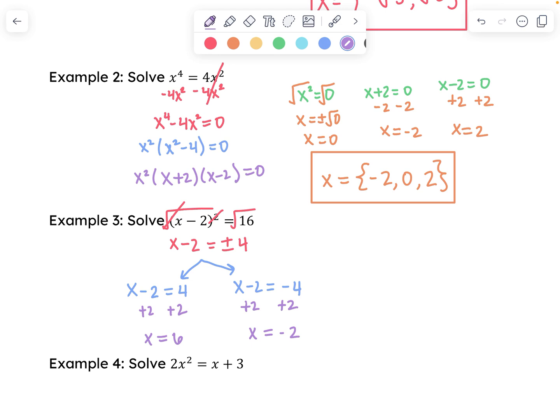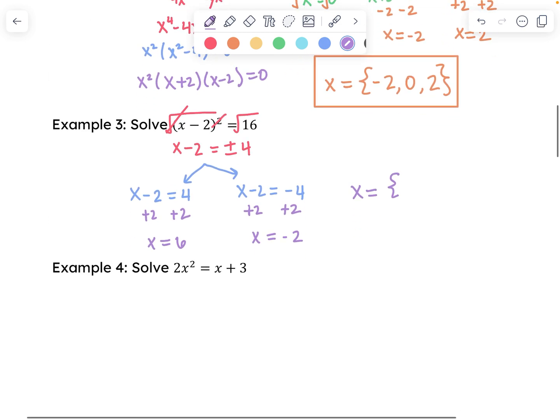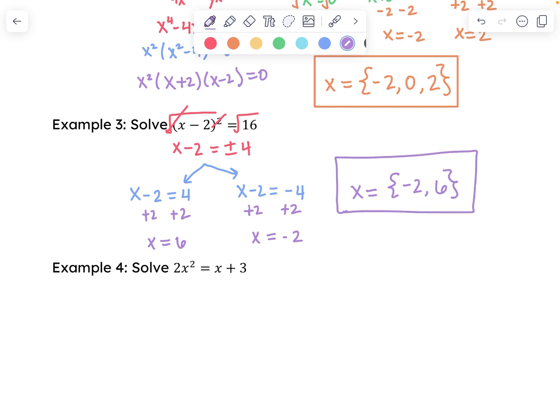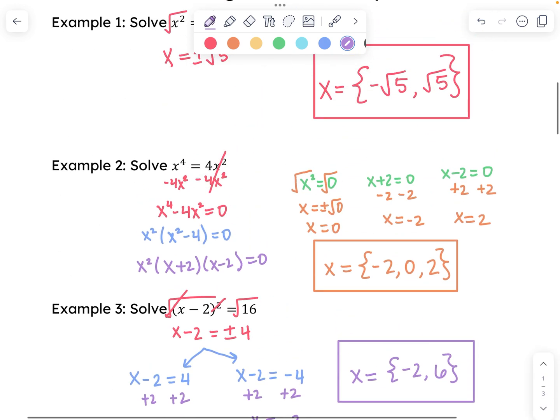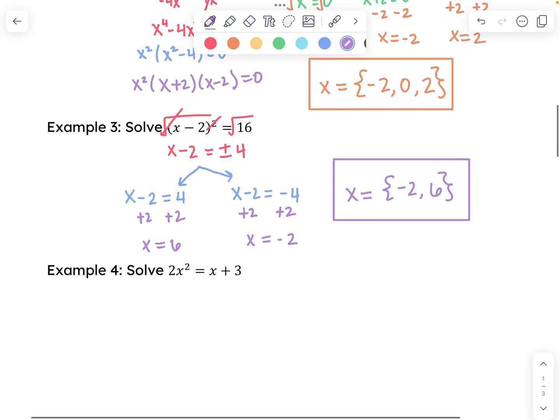So my answer is x equals, and then in curly brackets, negative 2 and 6. So it's not just a positive version and a negative version of a number like our previous ones were. It's a little bit different because I had to still do some solving after I had that plus or minus there.